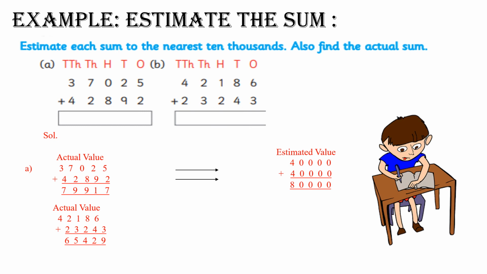So 42,186 when rounded to the nearest 10,000 gives us 40,000 and 23,243 when rounded to the nearest 10,000 gives us 20,000. So 40,000 plus 20,000 is 60,000. So here first we found the actual sum and then we rounded off to the nearest 10,000 and then found the estimated value.